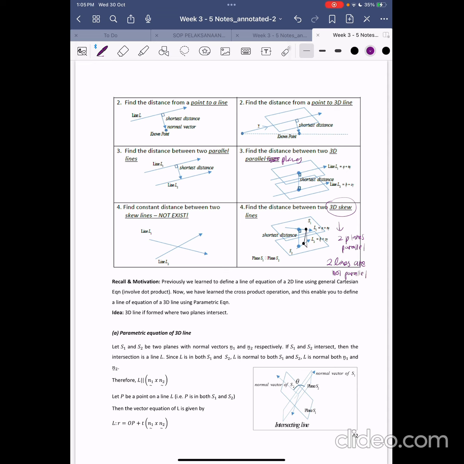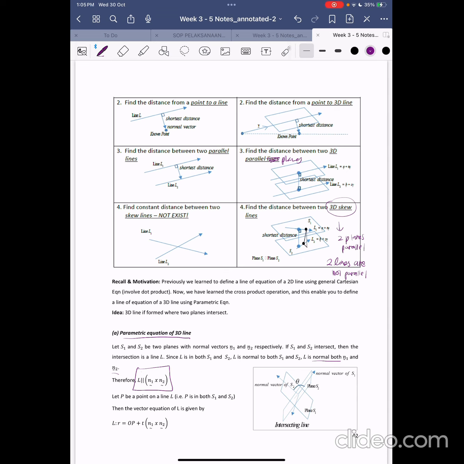Alright. Let's look into the parametric equation of a 3D line. Let's say we have two planes that are intersecting between each other, and the normals of those planes are given as n1 and n2, meaning that n1 is the normal vector for the plane S1, and n2 is the normal vector of plane S2. L is perpendicular to both n1 and n2, so L is actually parallel to the cross product of these two vectors, n1 cross n2.